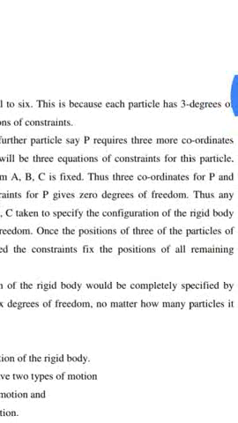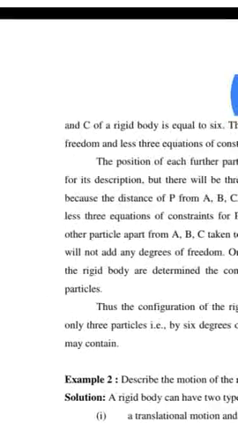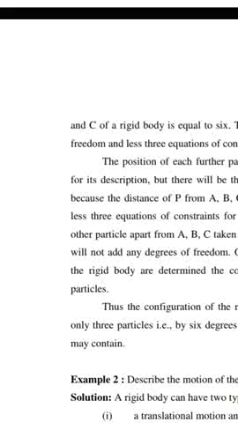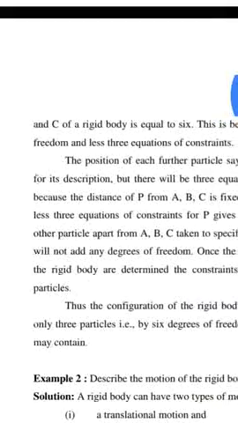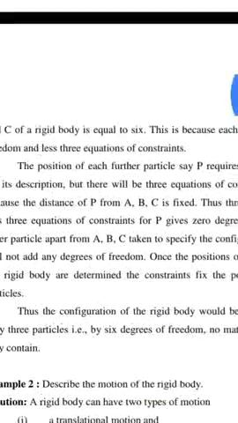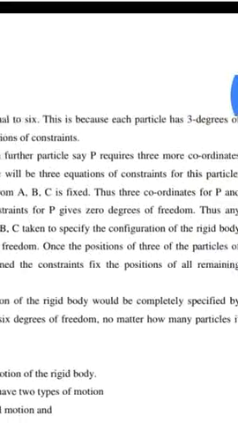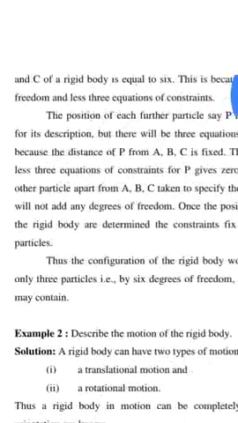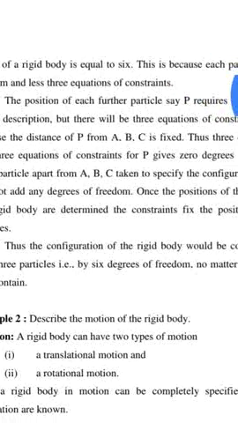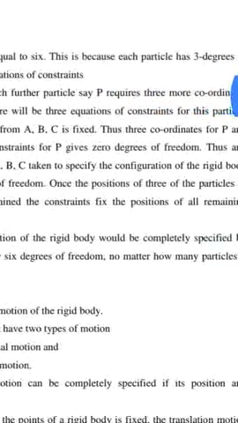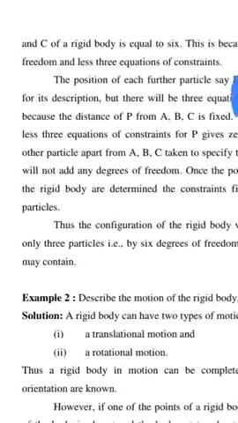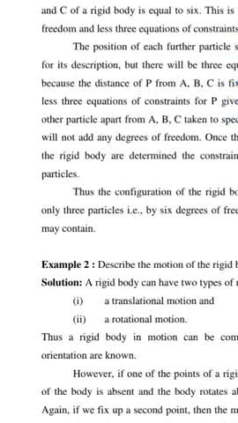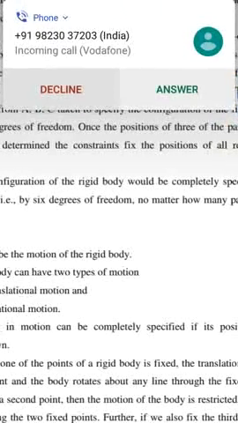Thus, 3 coordinates of P less 3 equations of constraint for P gives 0 degrees of freedom. Any other particle apart from A, B, C taken to specify the configuration of the rigid body will not add any degree of freedom.